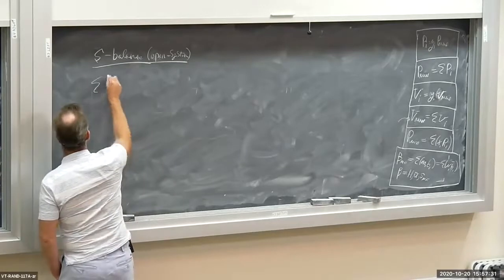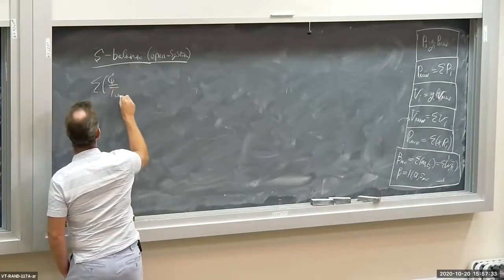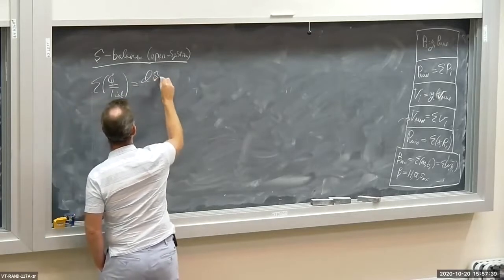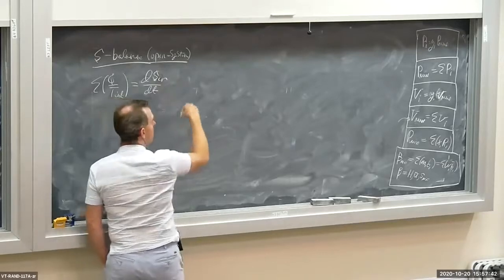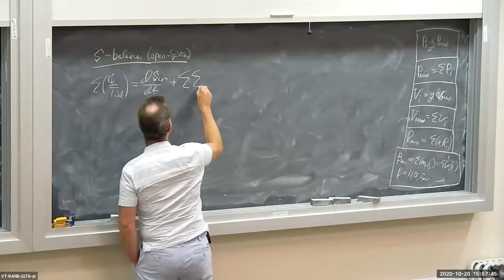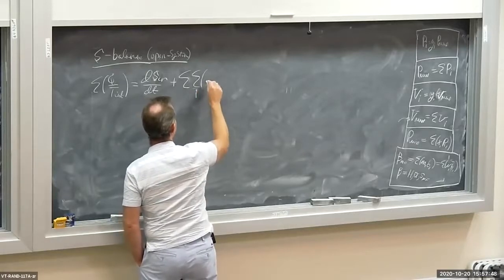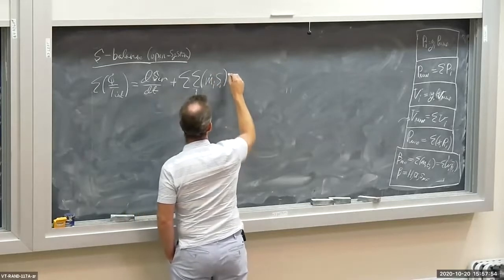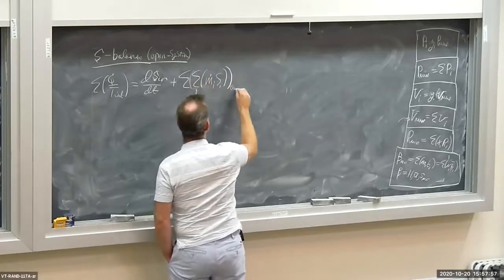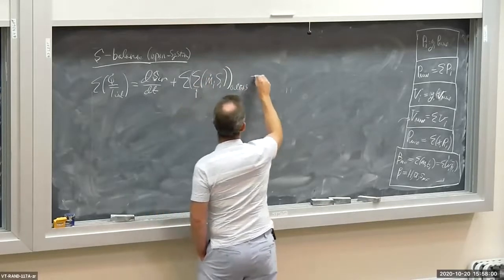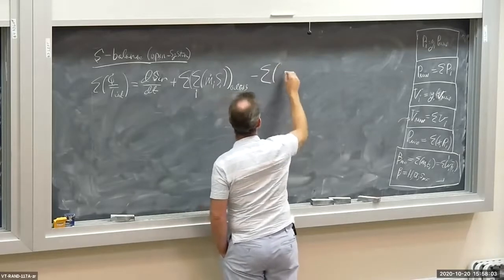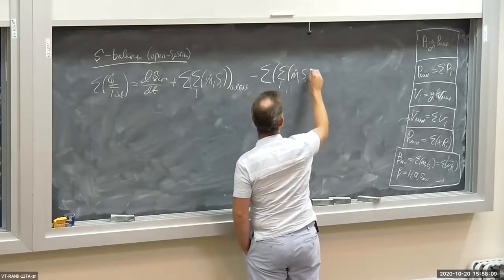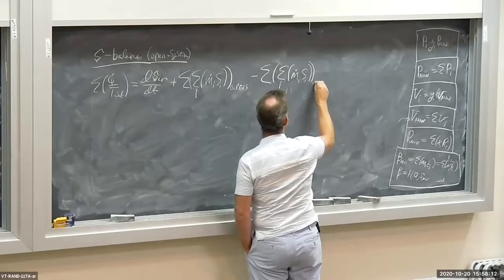We got the sum of Q dot over the interaction temperature is equal to the time rate of change in entropy within my control volume, plus the double sum over all species I, M dot I, SI, summed over all outlets, minus the same thing, sum over all species, M dot I, SI, summed over all inlets.